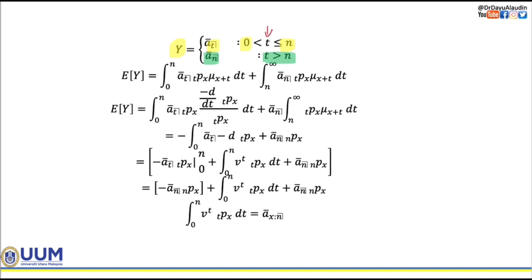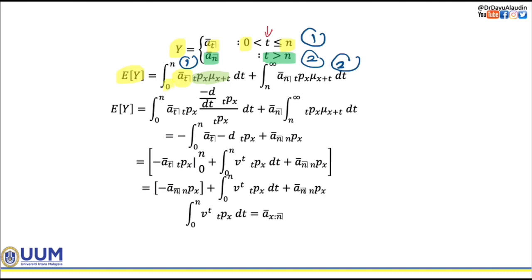So the expected value of Y is, this stands for v^t, the interest, and this is for the PDF, tpx mu x plus t. Since we have two conditions here, 1 and 2, we have two integrations also here.